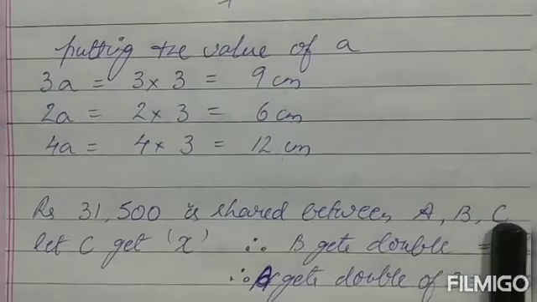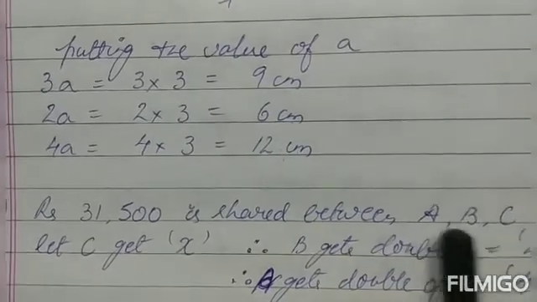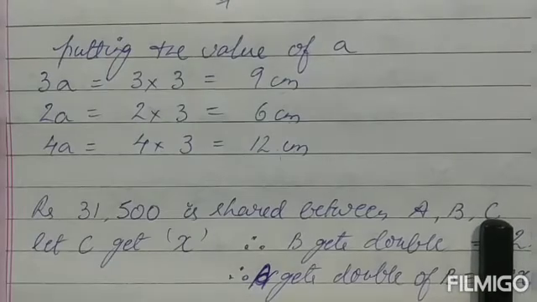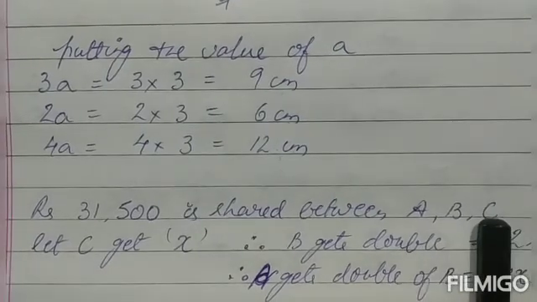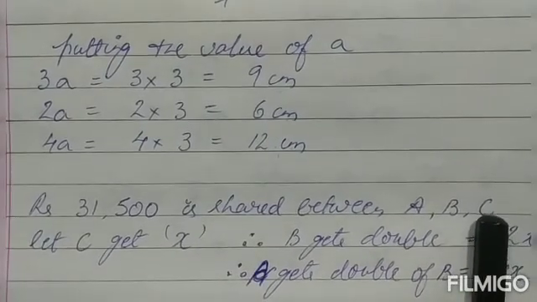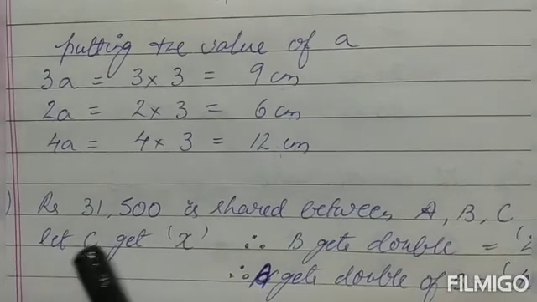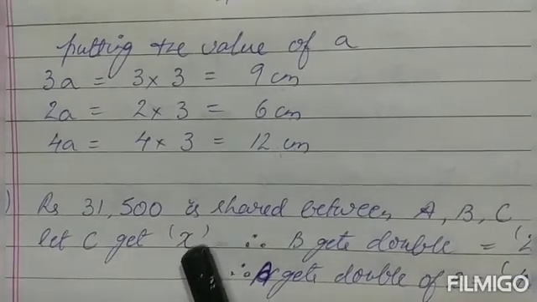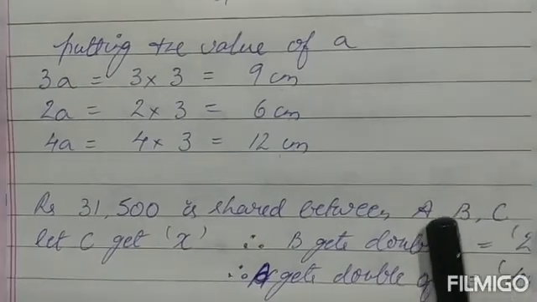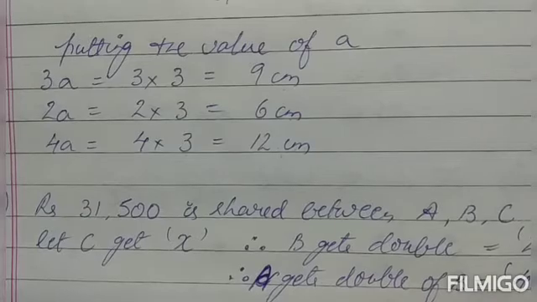So in such questions, children, we will begin with the one that is getting the least. And in this condition, C is getting the least. So over here, you will use a variable. Let C get x. So if C is getting x, children, B is getting double of what C is getting.